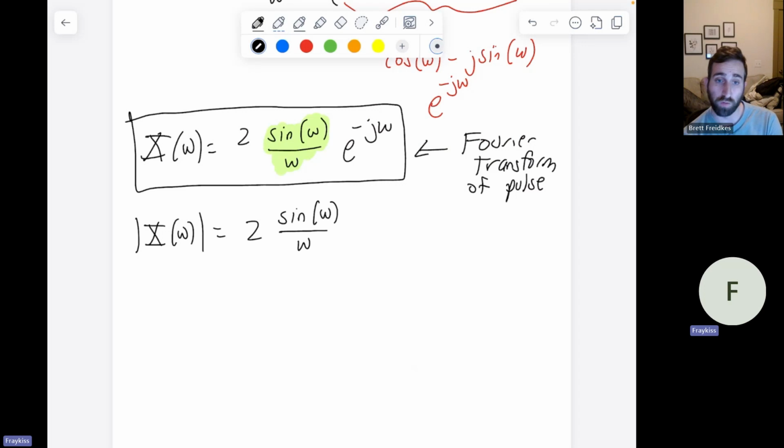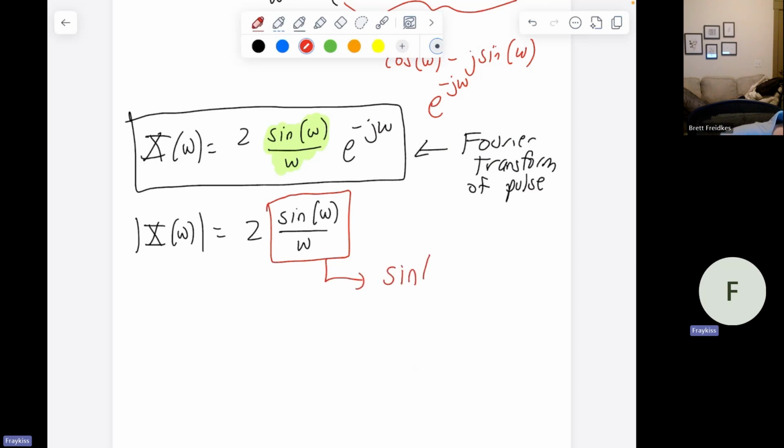That sine of omega over omega commonly appears in signal processing, and it has its own fancy name. This is what we call the sinc function. Sinc of omega.